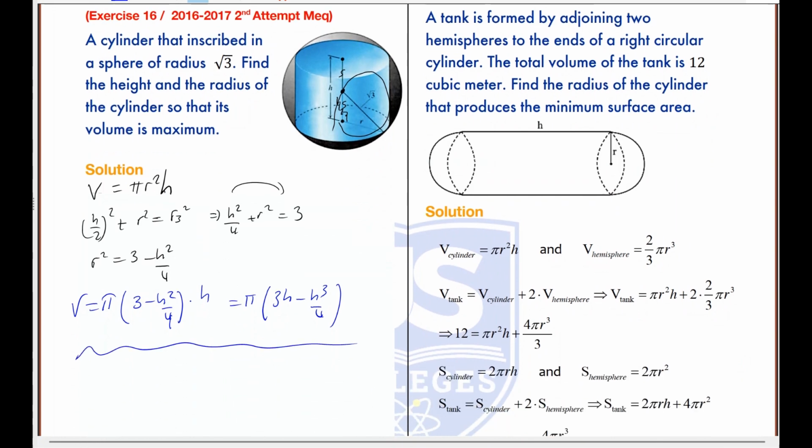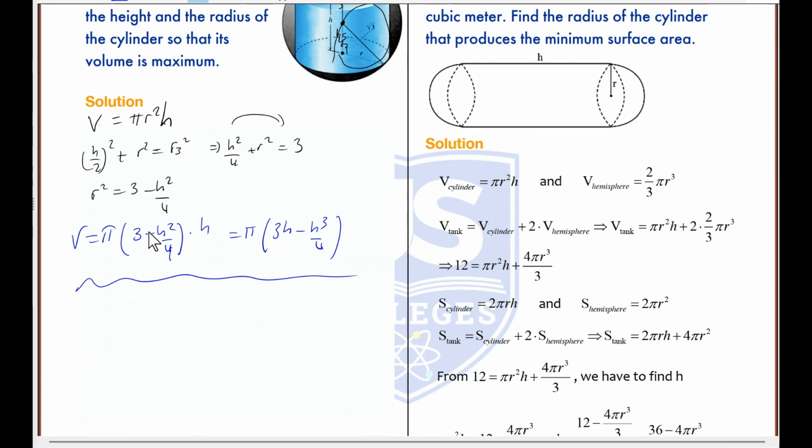So let's take derivative of this volume. Since it is easy, I didn't apply the fast way. Volume prime, pi is the coefficient. Derivative of 3h is 3, minus derivative of this is 3h squared over 4, which is supposed to be 0.